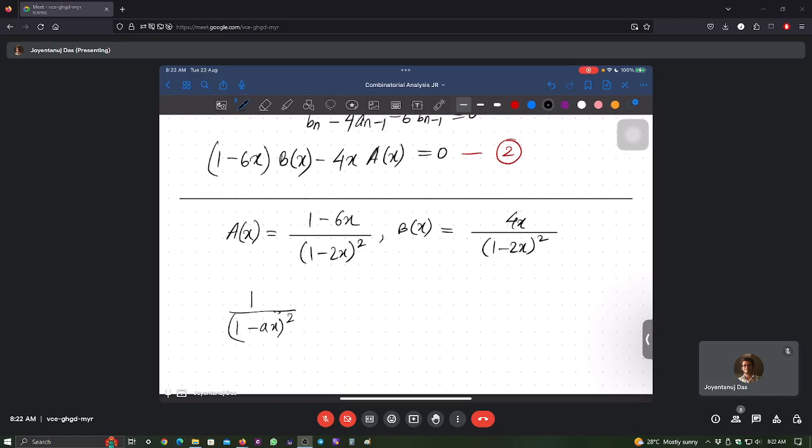So the first term is 1. The second term is 2ax. Third term is 3. Is that correct? Actually, I don't remember, so I can actually derive it.